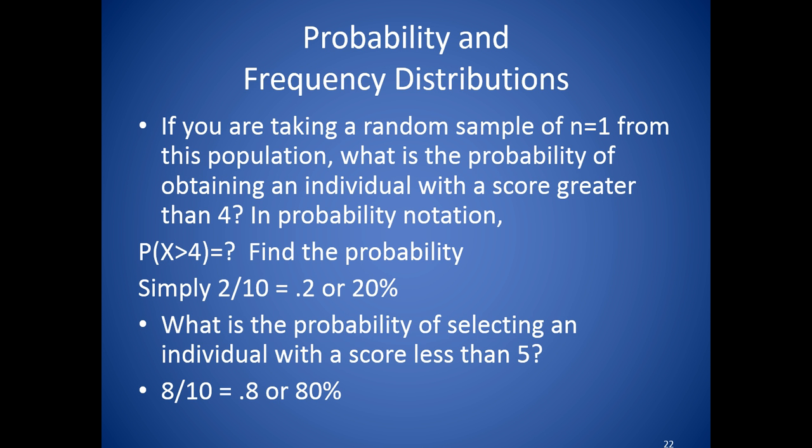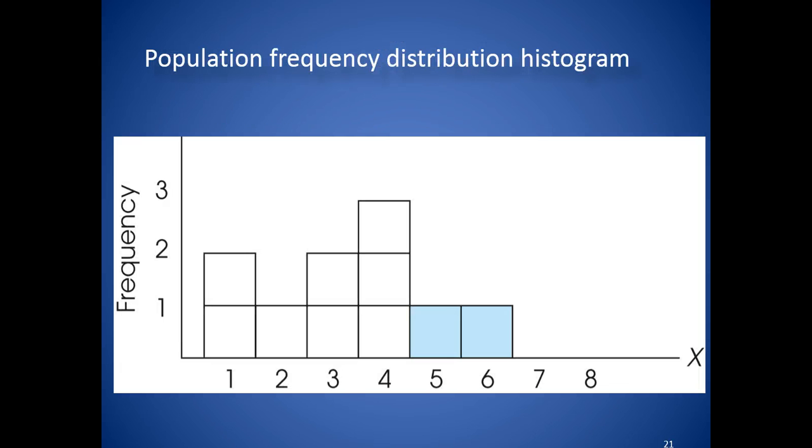So if your question is, what is the probability of obtaining an individual with a score greater than 4? In probability notation, you simply put P of X, the probability of an individual scoring greater than 4. Well, simply put, if you go back, how many individuals had higher than 4?